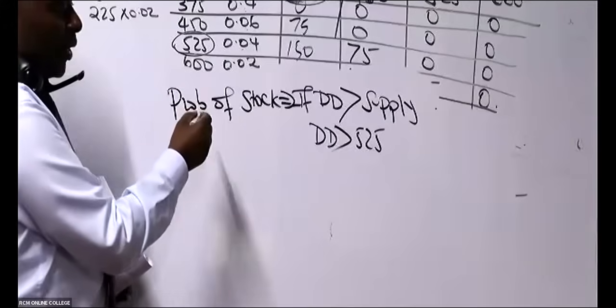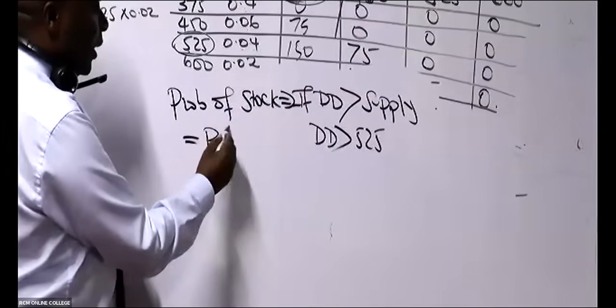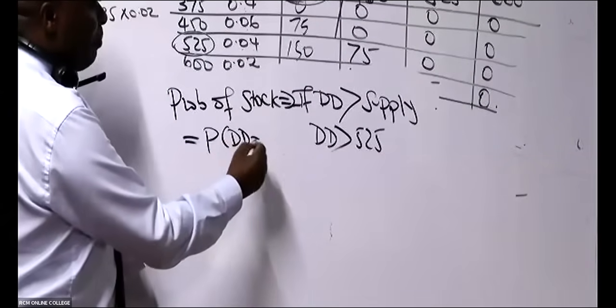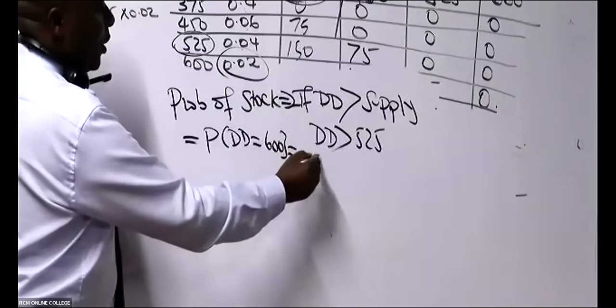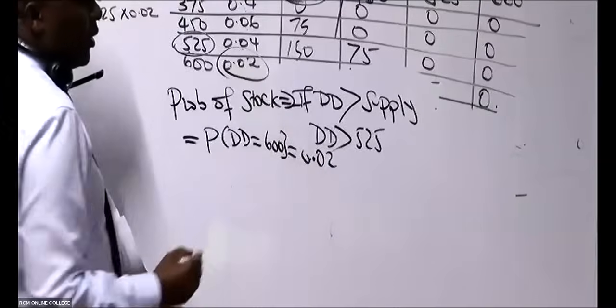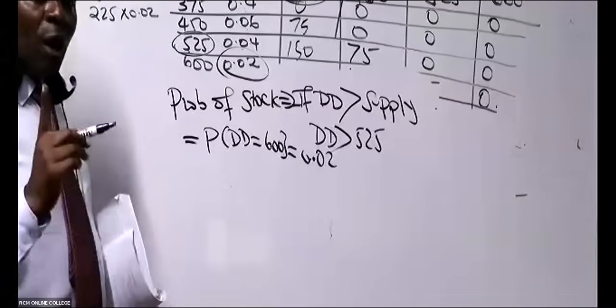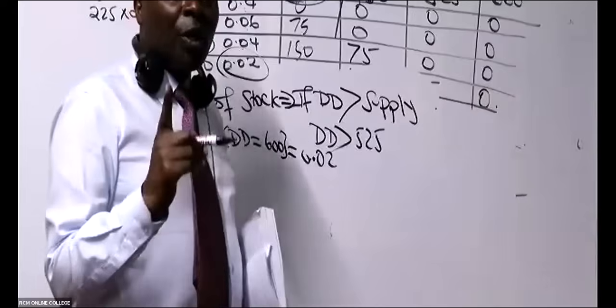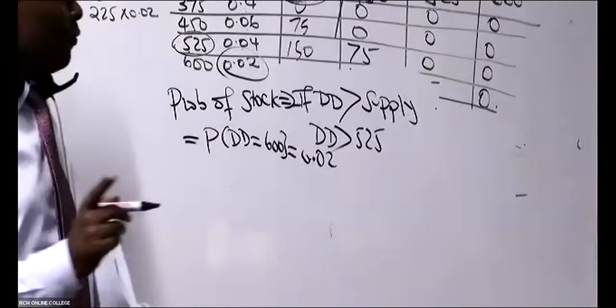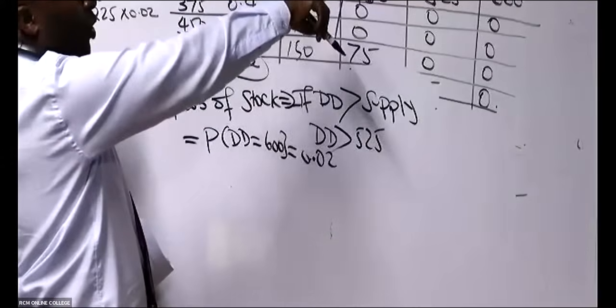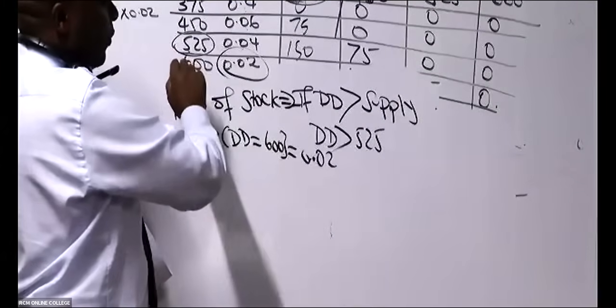This is the probability of demand being equal to 600, which is 0.02. So we only have one chance, one event, in which we see ourselves running out of stocks, if we supply 525.